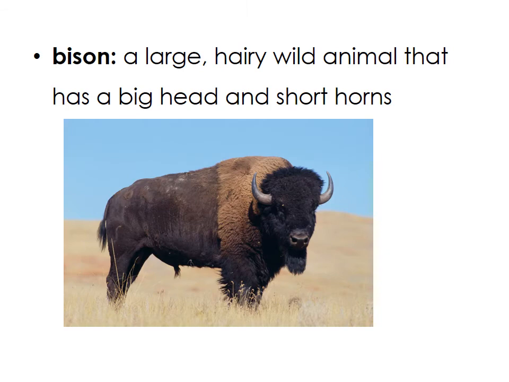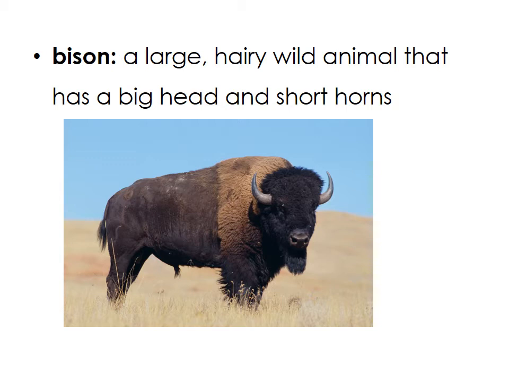Of course, here I don't need to remind you that in order to watch this PowerPoint, I need you to have the text ready in front of you while I'm explaining, so you would have an idea what I'm talking about. So, our second word for today is the bison. What's a bison?